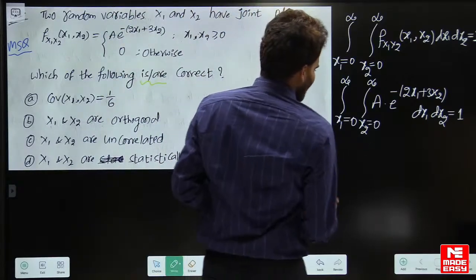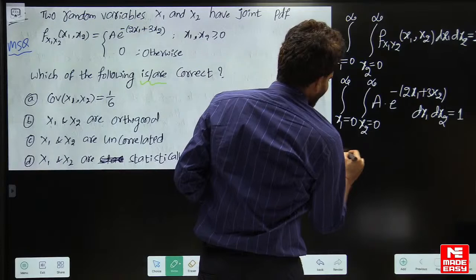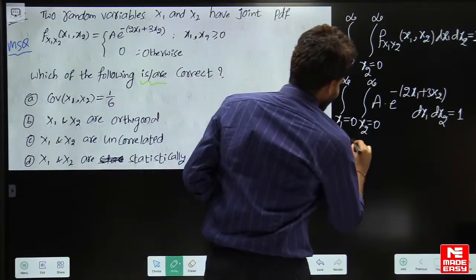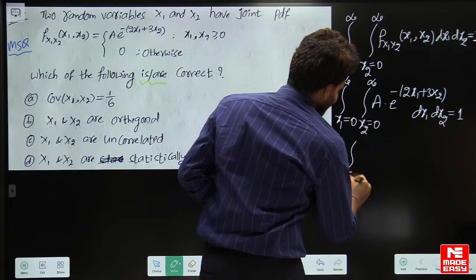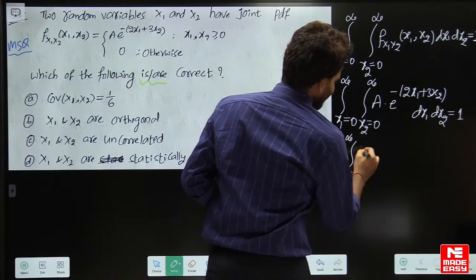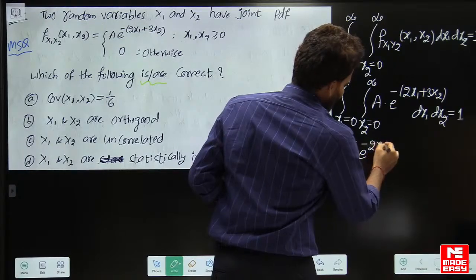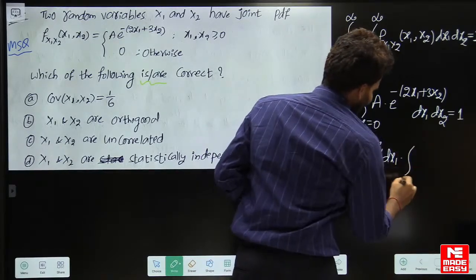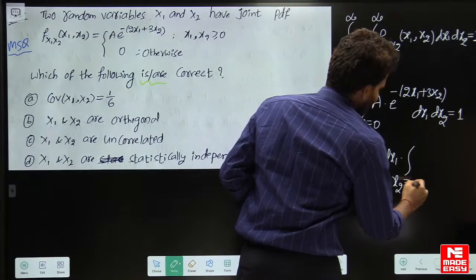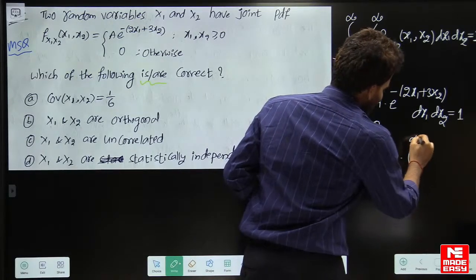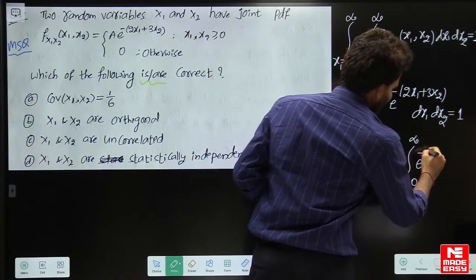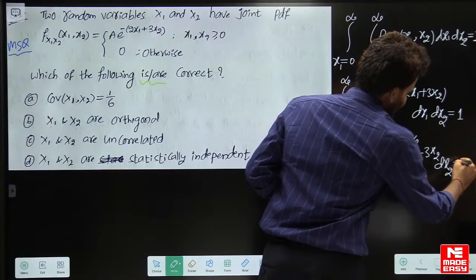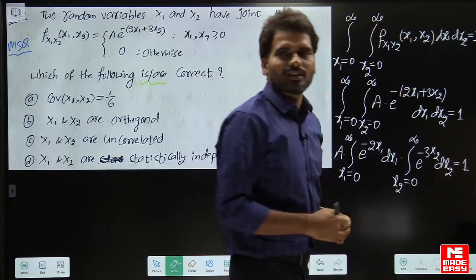I'm writing a outside, and you can separate the x1 and x2 terms. Then it is the integral over x1 from 0 to infinity of e power minus 2 x1 dx1, and the integral over x2 from 0 to infinity of e power minus 3 x2 dx2, equals 1.